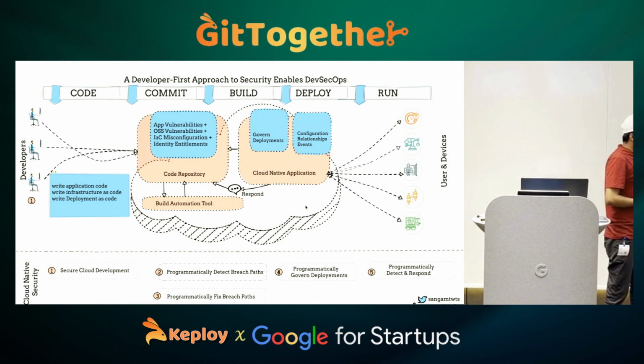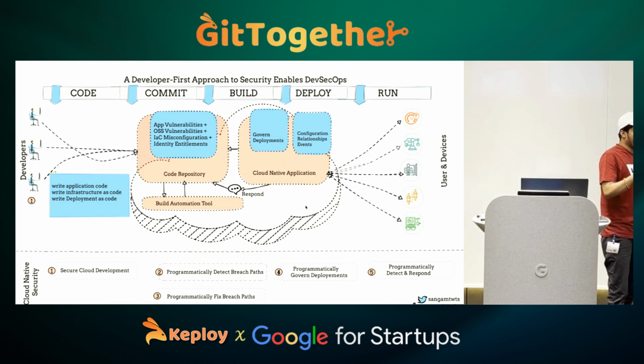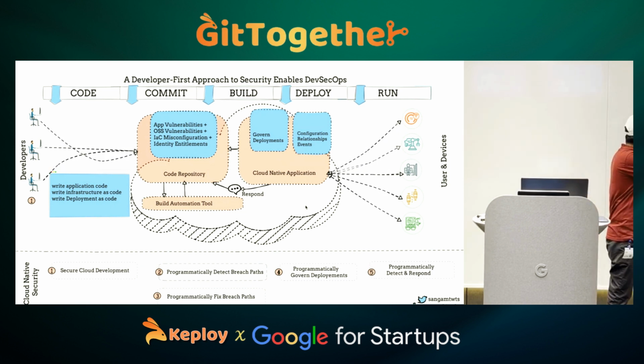When you deploy, whatever frameworks and compliances you need to apply in cloud native, that is also very important. And for configuration events, you need a monitoring system around it, so you can see what changes happen after deploying my code. Okay, so we can detect, and we can roll back also, right?